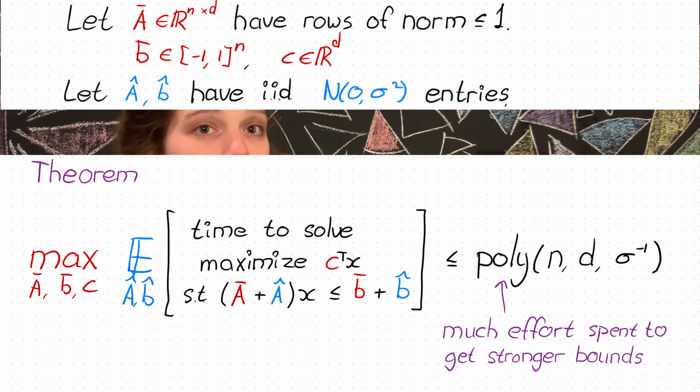So to make the inequality still hold true, the right-hand side must also grow very large. And the dependence on 1 over sigma is what accomplishes that. So we have a polynomial upper bound here, and a lot of long and complicated papers have been written to make this polynomial as small as possible. I've written a good fraction of these papers.